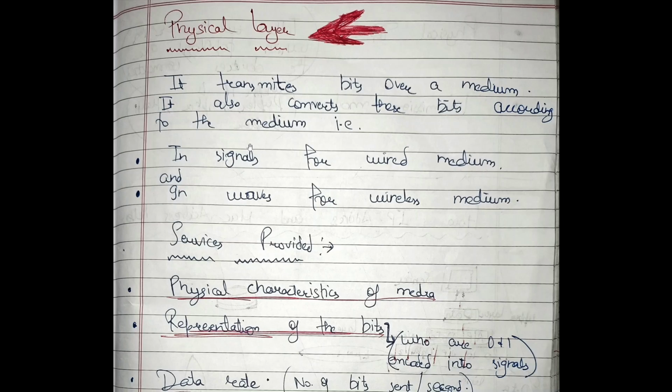Coming to the definition, it transmits bits over a medium. Bits, that is 0, 1, 0, 1 and all that. It converts these bits according to the medium. This is what I earlier told you: signals for a wired medium and waves for a wireless medium.